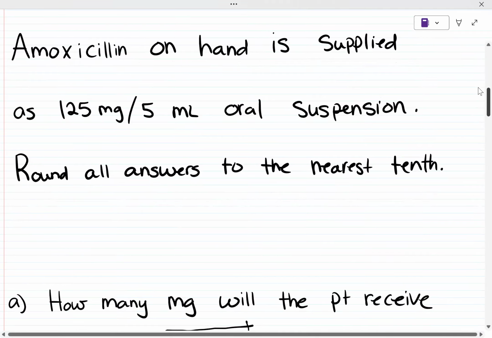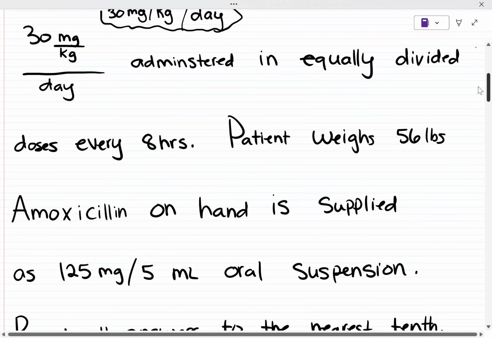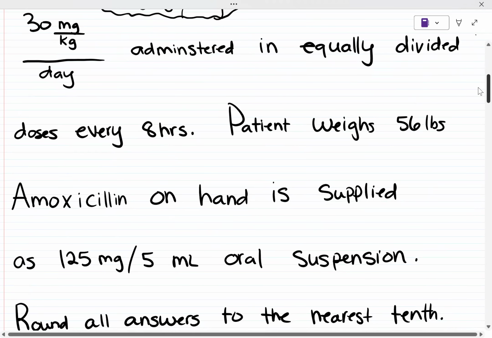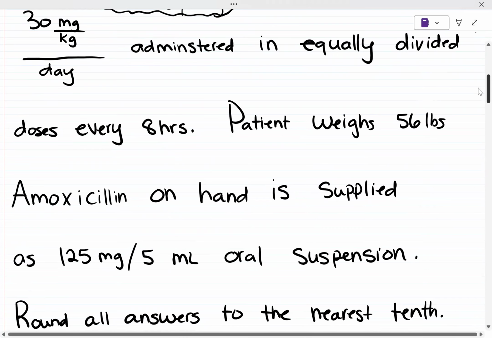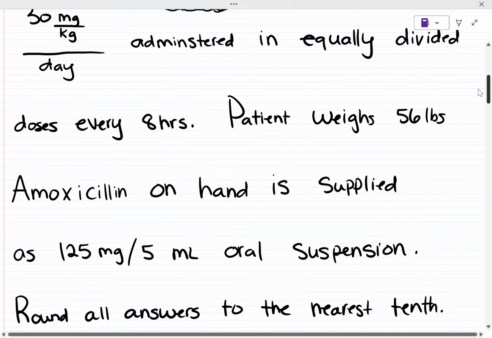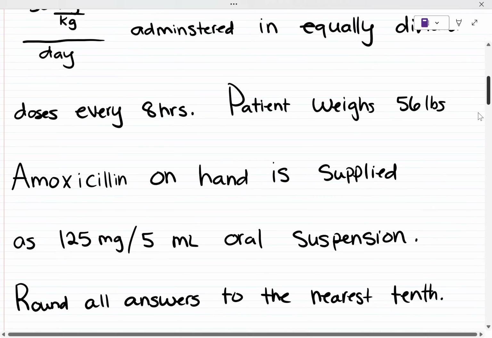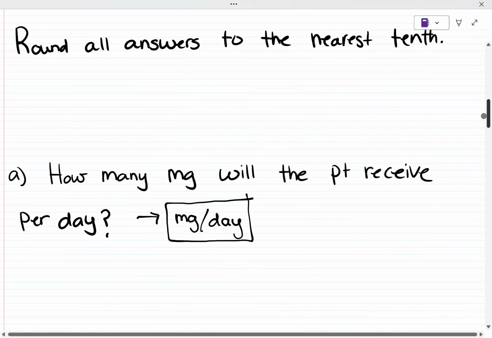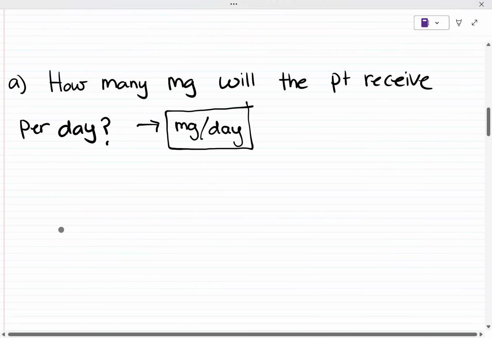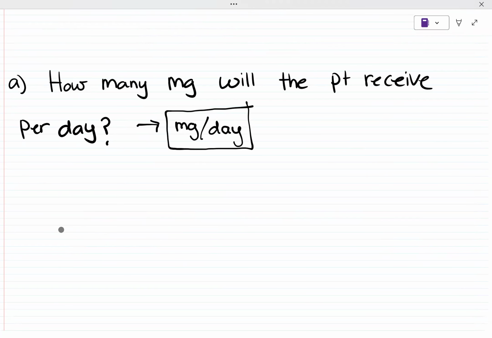I have to be careful with 30 mg per kilogram per day. So on question 8, I am going to do dimensional analysis. Let's do it all in one step. I think it's best to just do it all in one step.